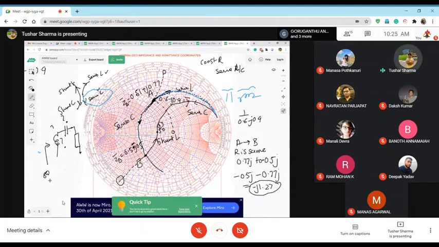And this is what series C does. So if it is series C, XC is given by 1 over J 2 pi FC is equal to minus J 1.27. Let's multiply J there: C is equal to 1 over 2 pi F times 1.27. And frequency was 1 gigahertz.